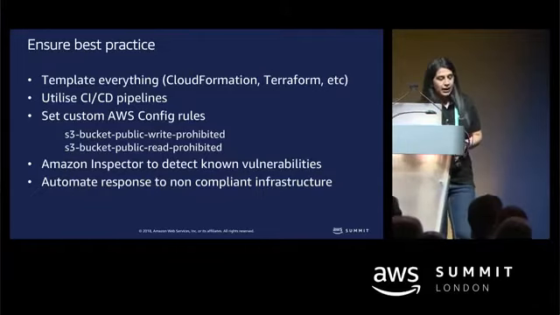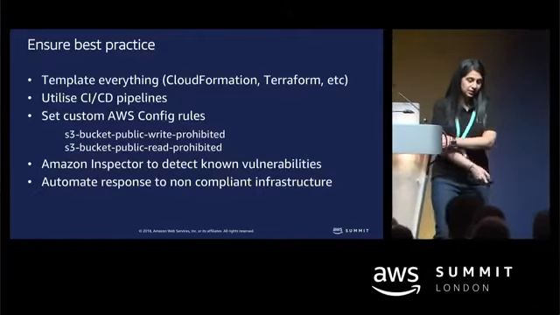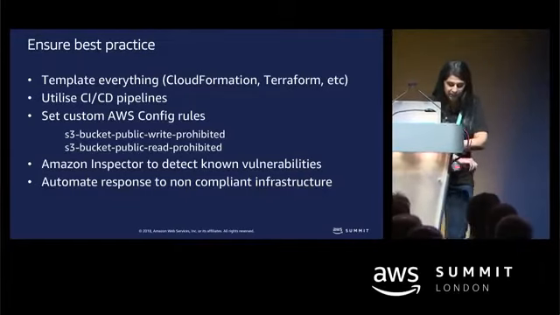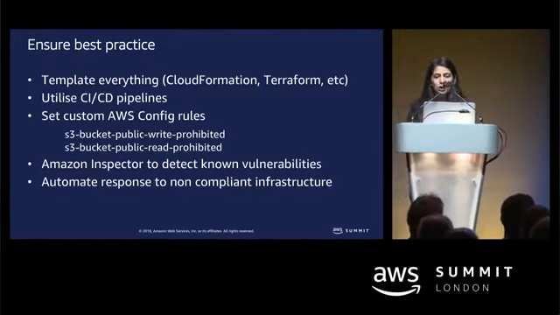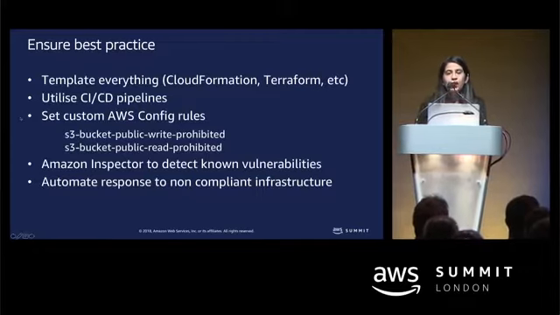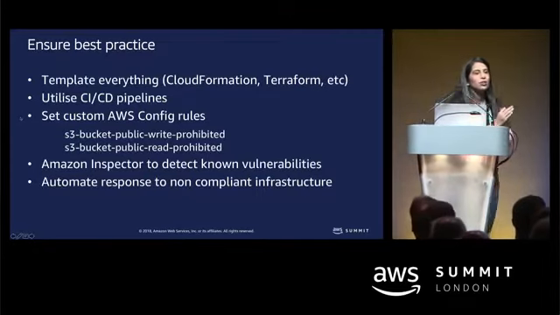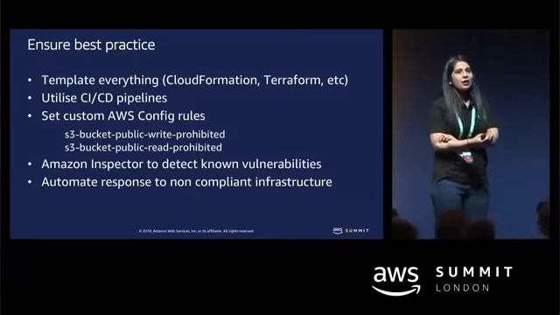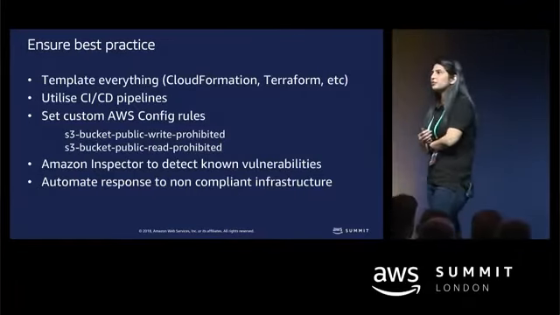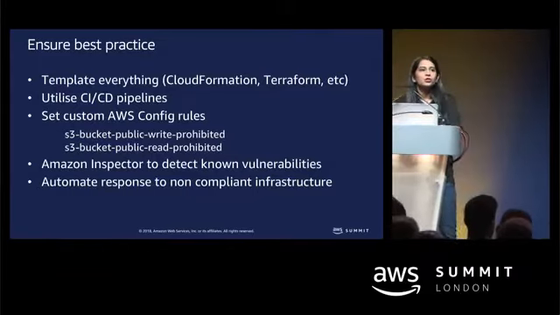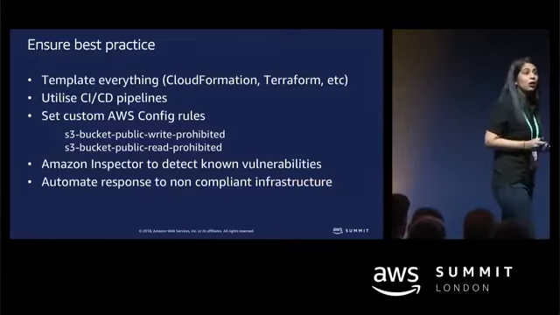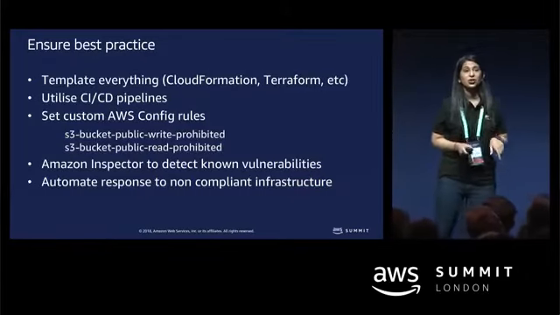Okay? Amazon Inspector, this is a good one to talk about here when it comes to detecting known vulnerabilities. So think about an AMI where you're running a web service, you're running Apache and PHP, and then you have Amazon Inspector that goes through this and detects that there's a new version of Apache available, and the current one that you're running actually is a security threat.